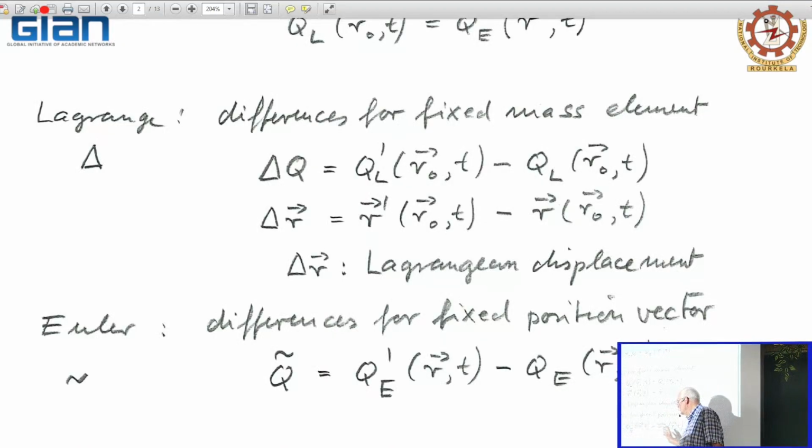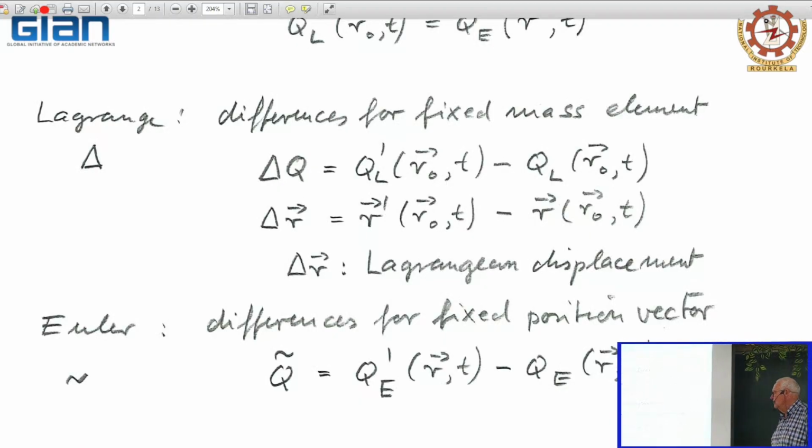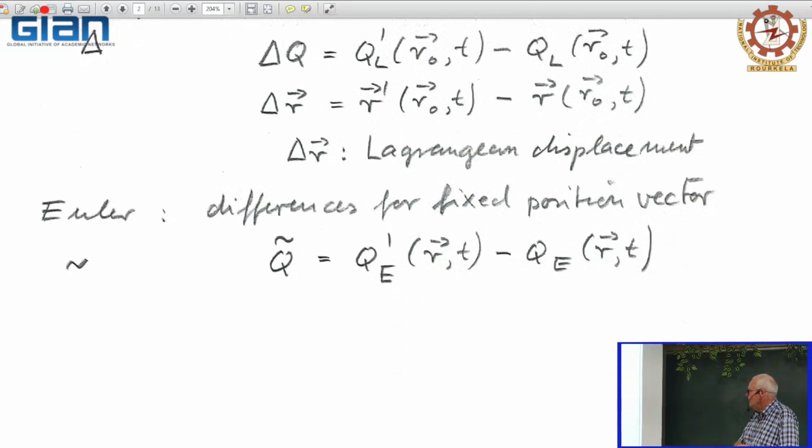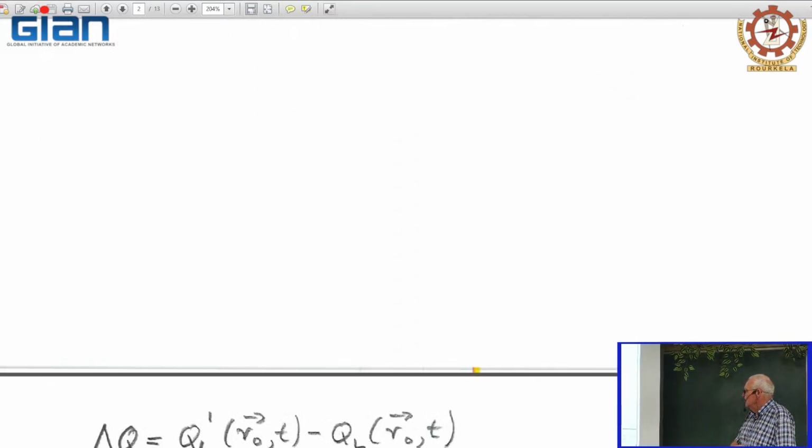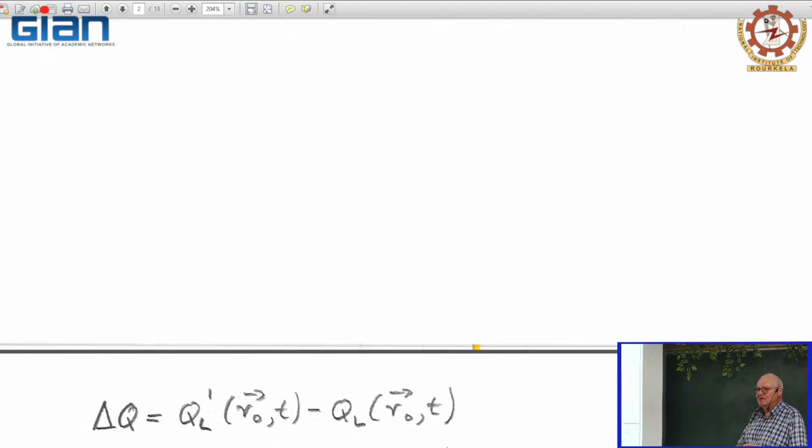This is QE dash minus QE at some fixed position r and t. Okay, what is the relation between these two? The question is, how can we transform from the Lagrangian perturbations to the Eulerian perturbations? What is the connection between these two?